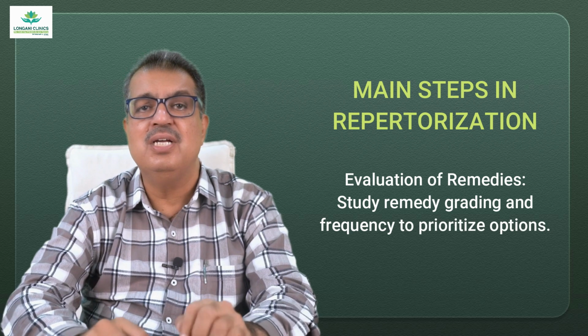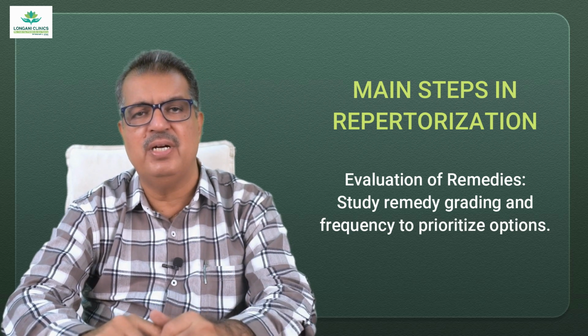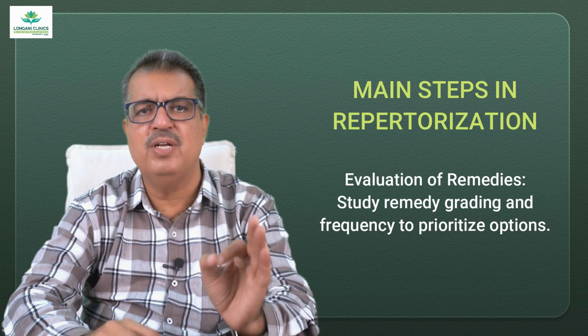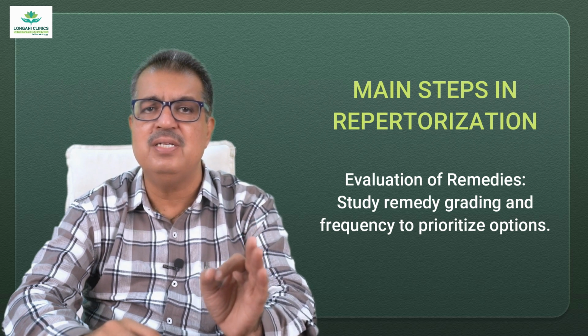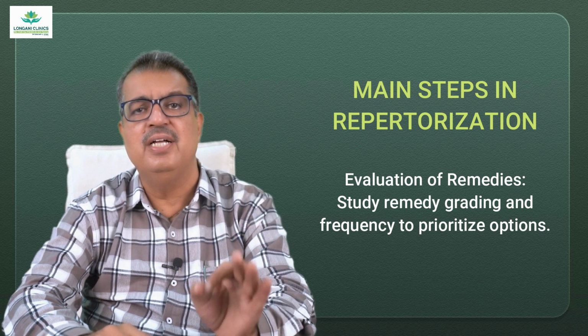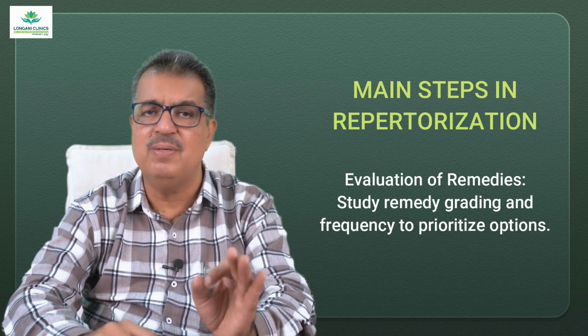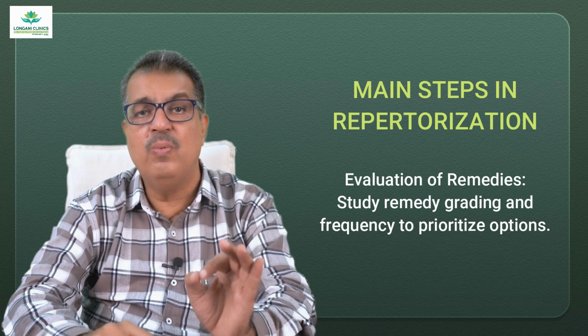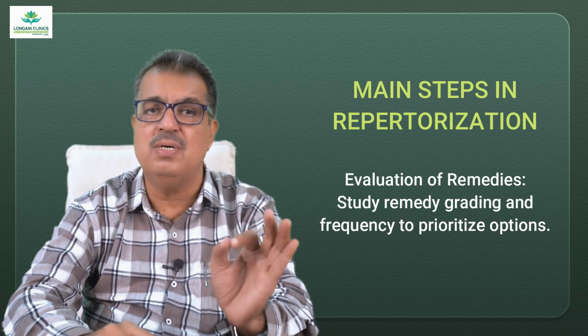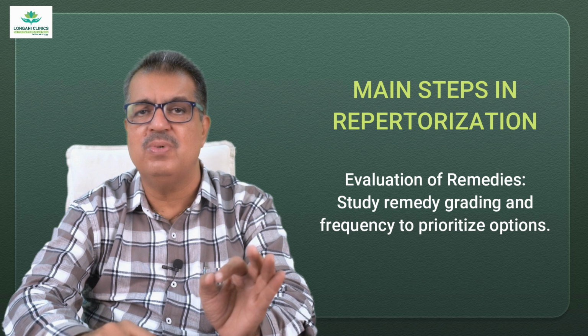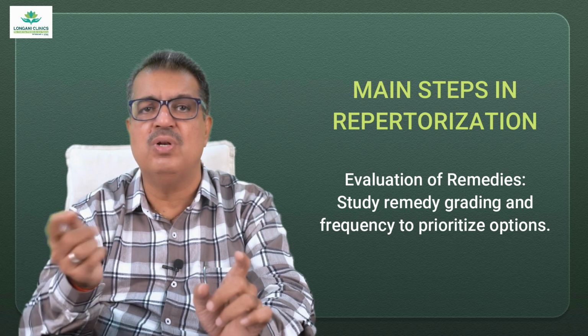The next one is evaluation of the remedies. The most frequently appearing remedies are studied in detail. The grading and relative importance of each symptom are considered. Weightage is given to the mental and general symptoms over the particulars.